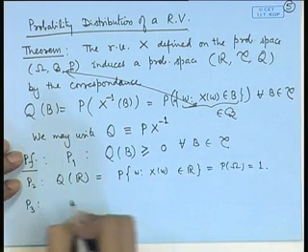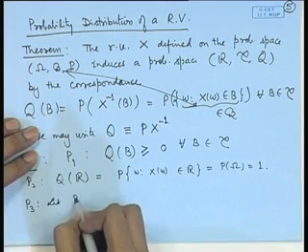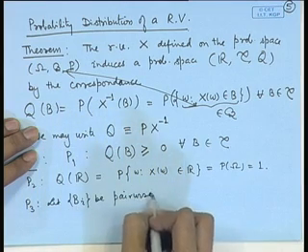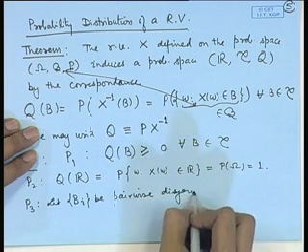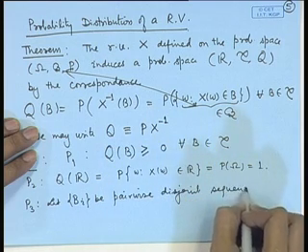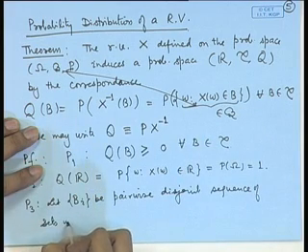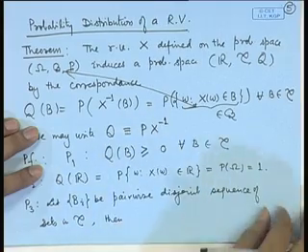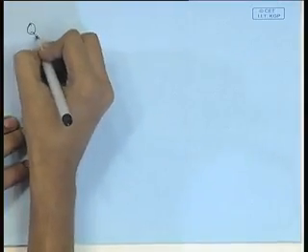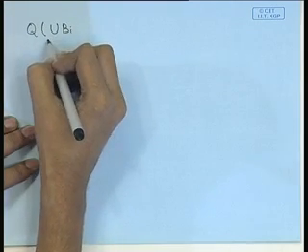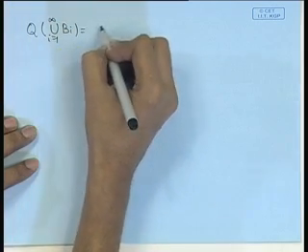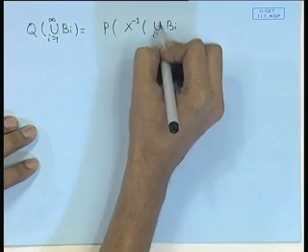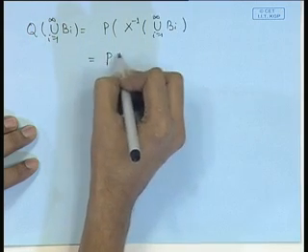If we consider the B_i's as a pairwise disjoint sequence of sets in C, then Q(∪ B_i), i = 1 to infinity, is equal to P(X⁻¹(∪ B_i)) by the definition of inverse.